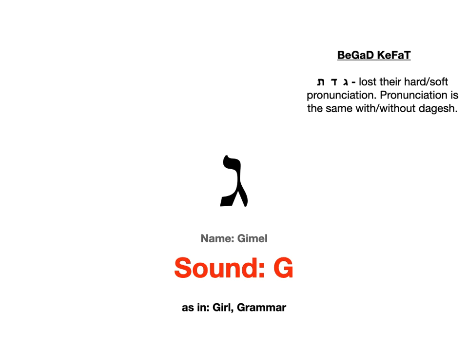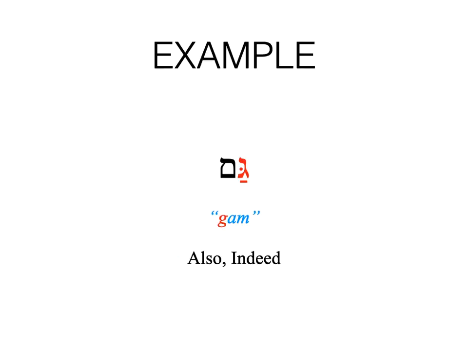The next is Gimel, G, like a girl or grammar. And here is how it sounds like. Gam, it's an example. Gam means also or indeed. G, gimel, for the word gam here as an example.